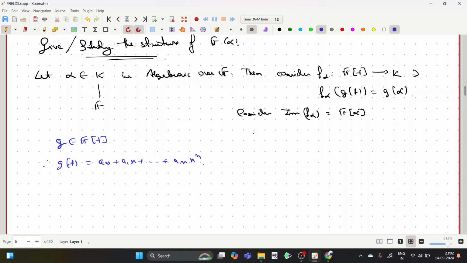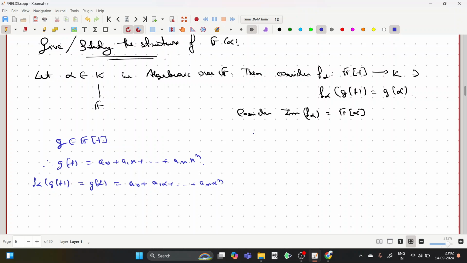But then what is phi alpha of g(t)? It's just g of alpha, which is a0 plus a1 alpha and so on till an alpha to the power n, or it is just g(t) where I put alpha in place of t.